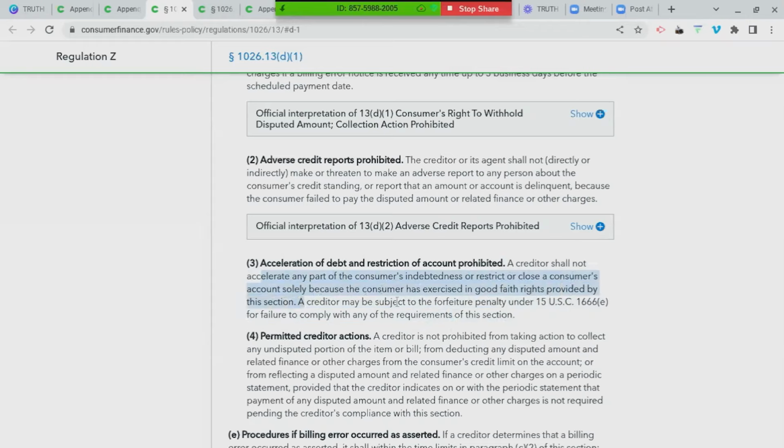So when you all are asking me in the comments, hey, I sent my billing error dispute and XYZ company closed my account, pursuant to 1026.13(d)(3), the acceleration of debt and restriction of accounts is prohibited. So they had a requirement to not restrict or prohibit your account, and they failed that requirement by restricting and prohibiting your account.